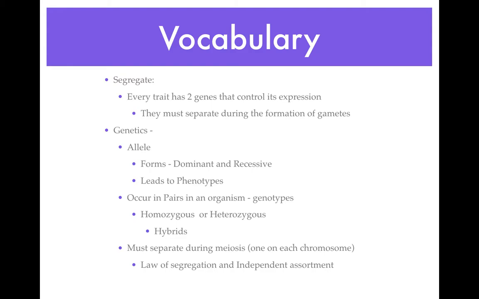You got an allele for hair color from your dad. They're both genes that control hair color, but they're different forms. And those forms are going to have two possible types so far. We'll get into some other details later. And those forms are dominant and recessive. If it's a dominant allele, it covers up the presence of a recessive allele.